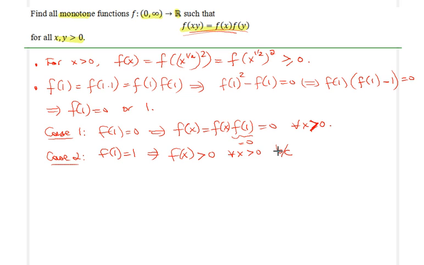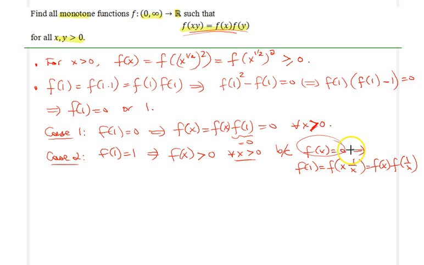Notice that if f of x were equal to 0 for a value of x in this range, then f of 1 can be written as f of x times 1 over x, which is equal to f of x times f of 1 over x. For that f of x which makes it equal to 0, that whole thing would be equal to 0, but that's a contradiction because we claim that we are in the case where f of 1 is not equal to 0. In fact, it's equal to 1.